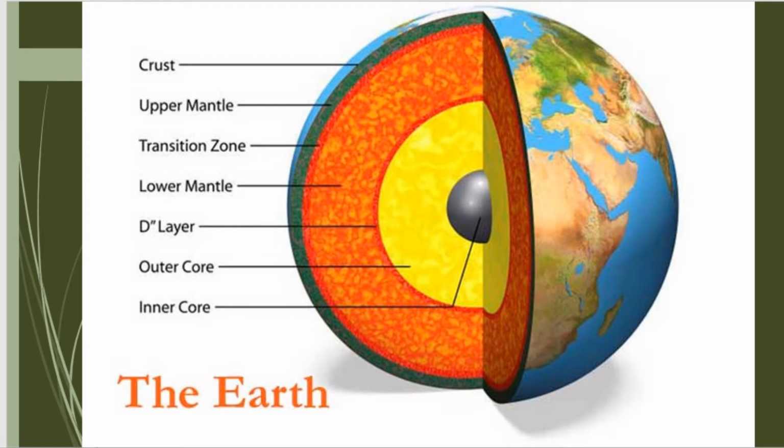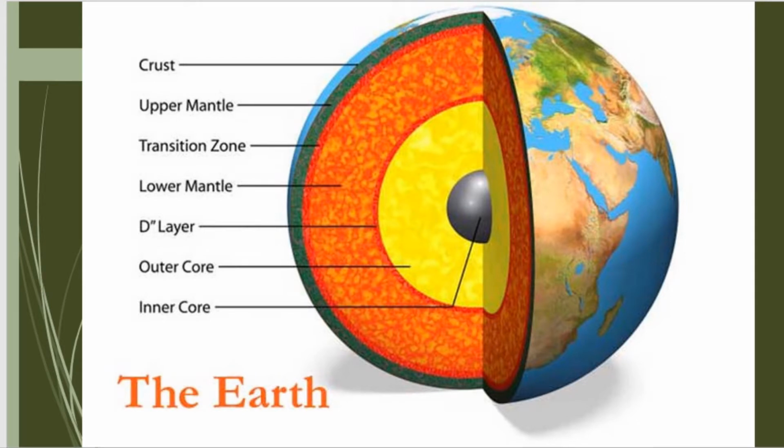But the mantle has rocks that are a little weak, whose melting point is not very high, so they are affected by the heat from the outer core and are forced to melt, so they exist in what we call a molten state.